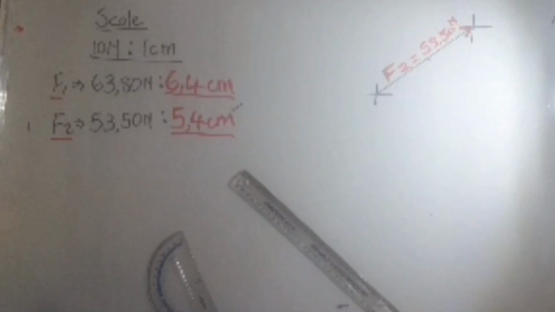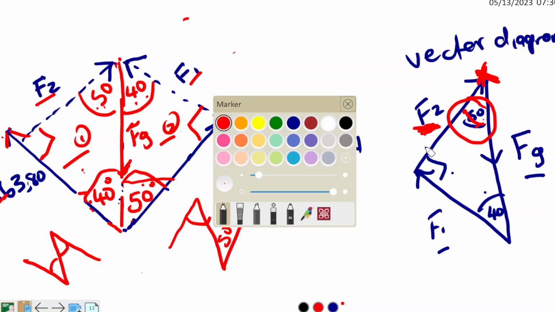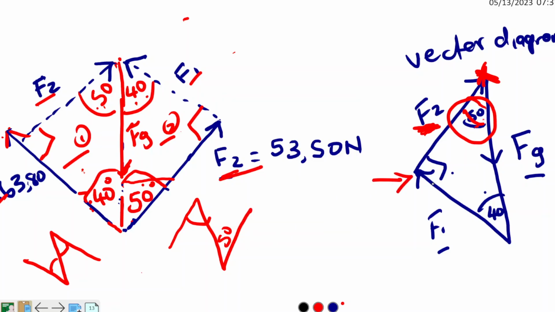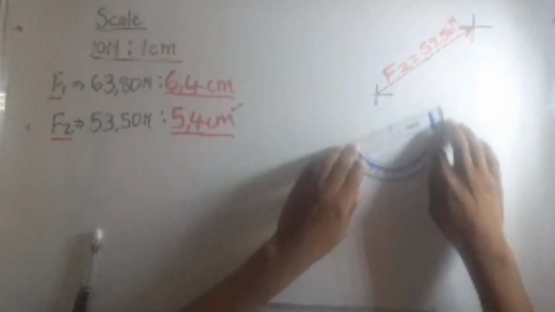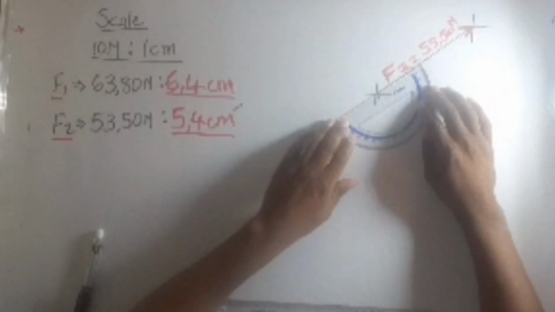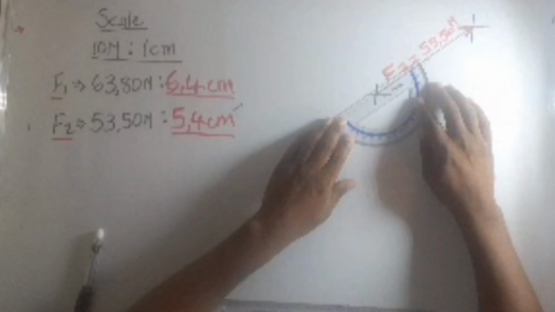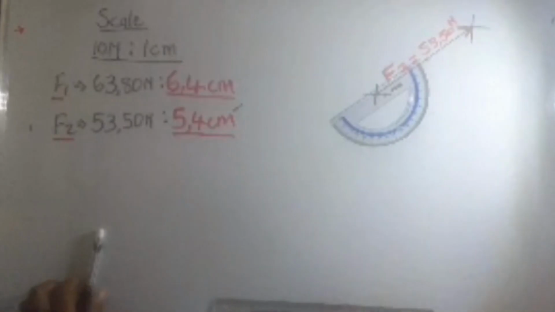Now we need to find the angle, which is, according to your sketch, this angle, which is 90 degrees. So now we're going to draw this angle, which is 90 degrees. So we take again our protractor, we put it on top of our Cartesian plane.